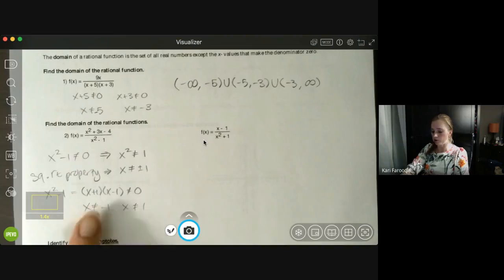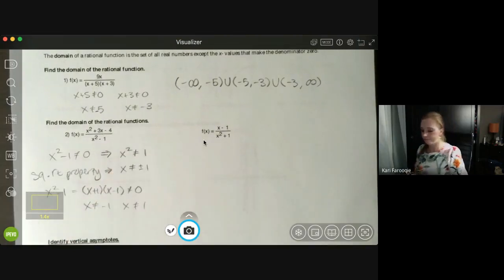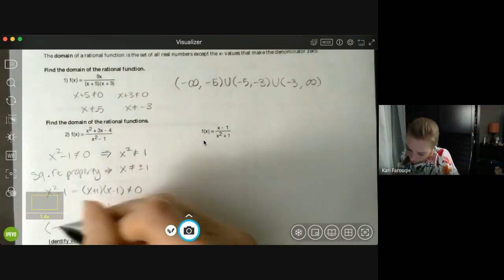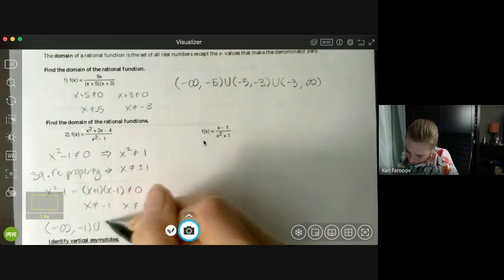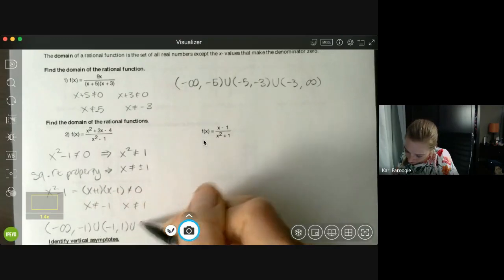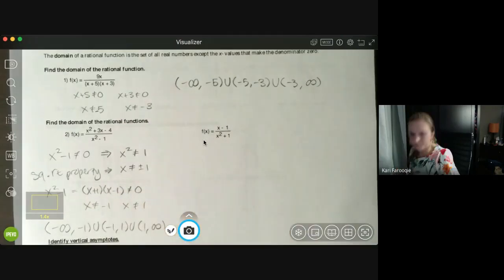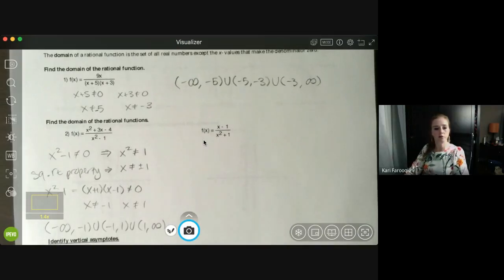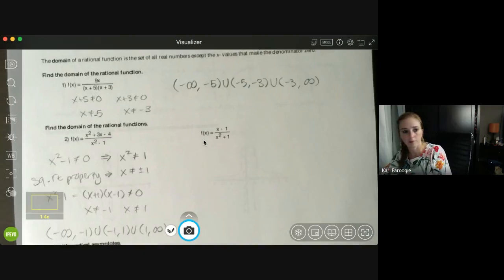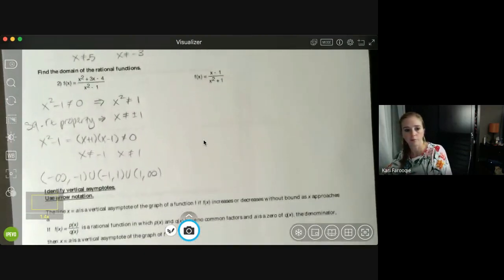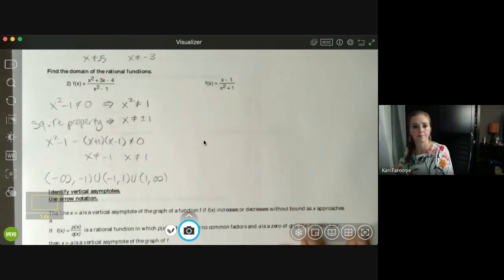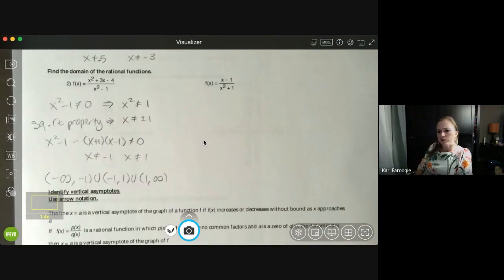Some of you will do this, some of you will do that. So to write this in interval notation, same idea as the last one. Just exclude those two values that make the denominator 0. Questions on number 2?